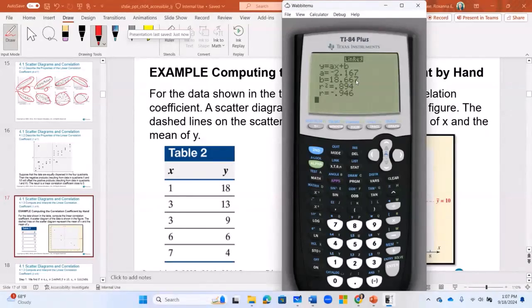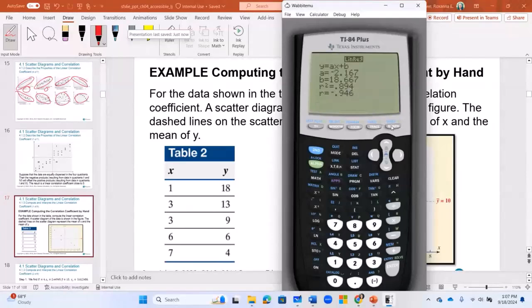The coefficient of correlation has, and by the way, whenever the slope is negative, the coefficient of correlation is negative. The sign of the coefficient of correlation and the sign of the slope are always the same. R squared is coefficient of determination.